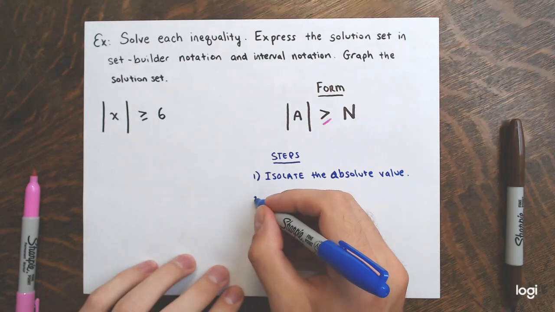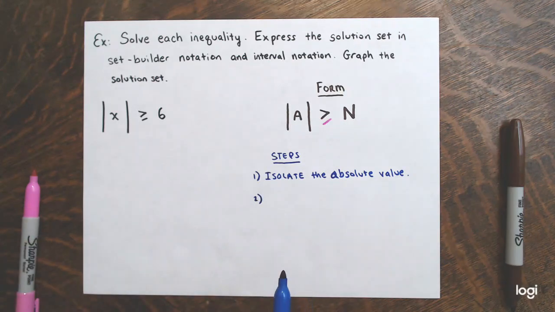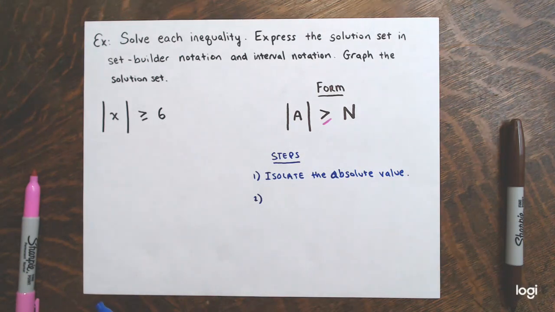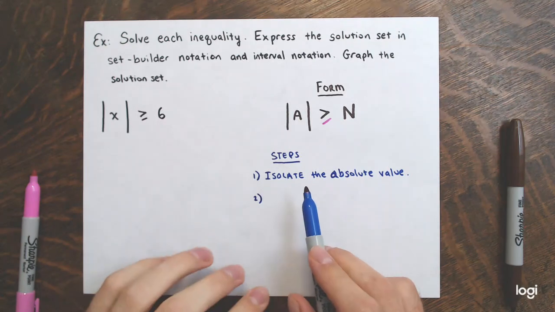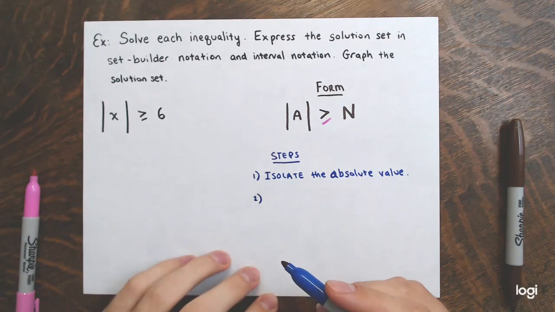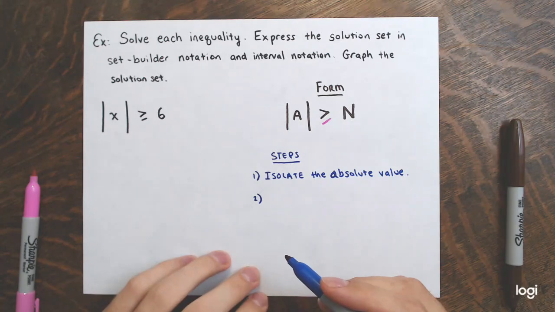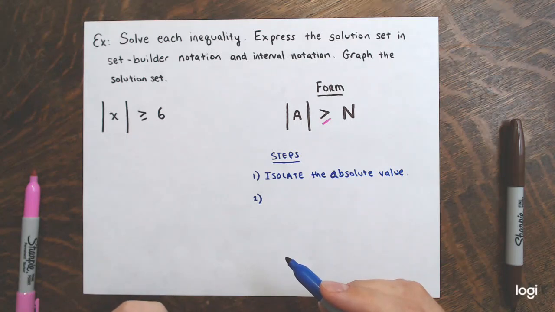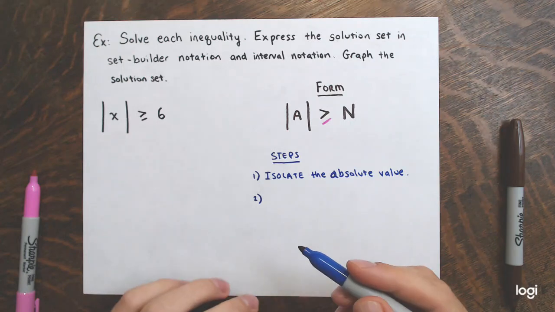Once that's done, and if you've seen my video on solving absolute value inequalities with the is less than or equal to symbol, or even the video I put up on solving absolute value equations, after isolating the absolute value, we're going to use the concept of absolute value, how absolute value can represent the distance from 0 on the real number line when we're talking about the absolute value of real numbers.